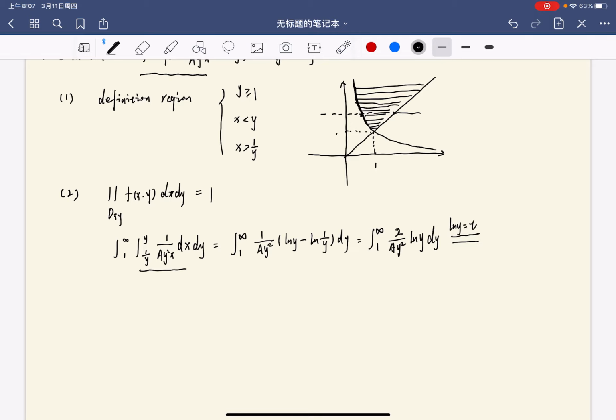equal t, so the integral upper limit and lower limit will change.